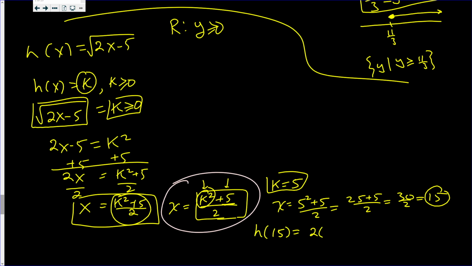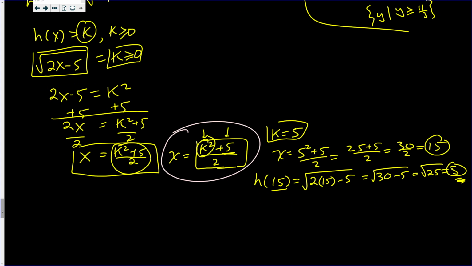Well, it's the square root of 2 times x minus 5, and I plug in 15. 2 times 15 is 30. Take away 5, square root. 30 minus 5 is 25. Look at that. I was able to get 5. Since I was able to take h of something to get 5, that means 5 is in the range. And I can get any value bigger than or equal to 0.